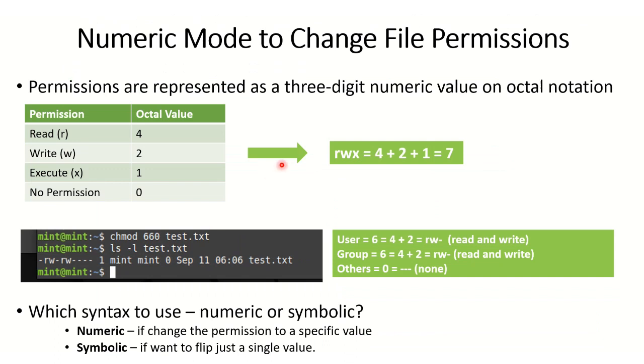Now let us consider numeric mode. We already mentioned that the permissions are represented by 3 digits numeric value. For read it is 4, for write it is 2, and for execute it is 1, and for no permission it is 0.